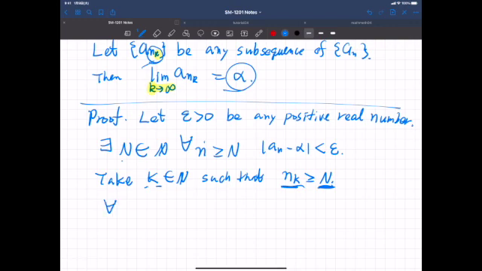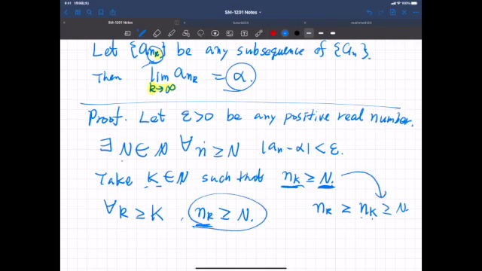This means for any natural number k greater than or equal to this capital K, we have n_k greater than or equal to N. Because if lowercase k is greater than capital K, then n_k should be greater than or equal to n_K, which is greater than or equal to N by definition.